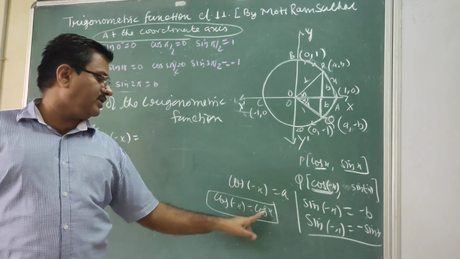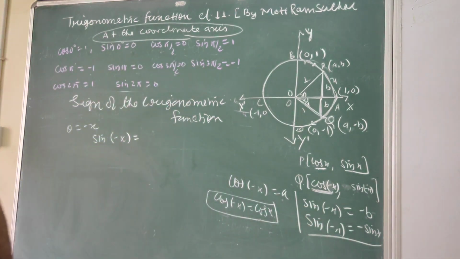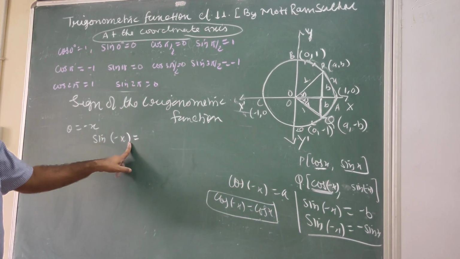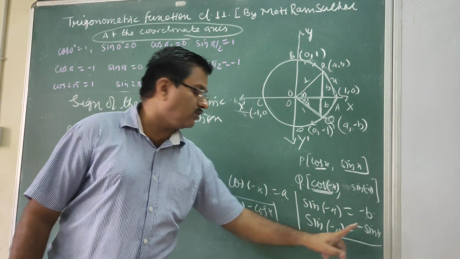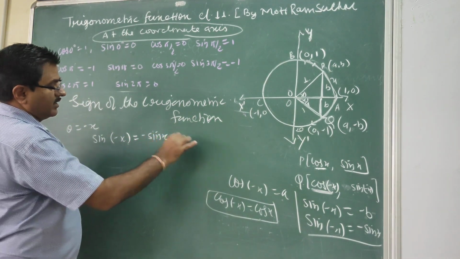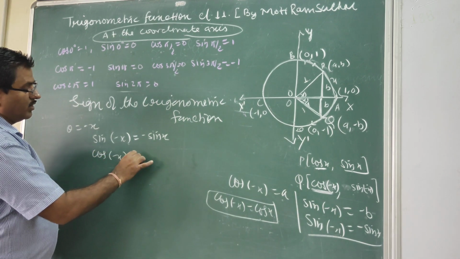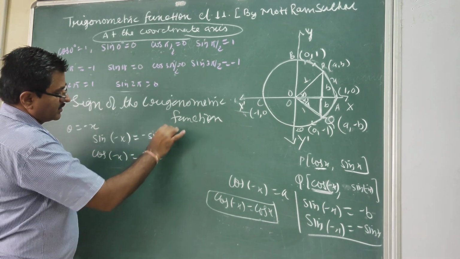Putting the value of A as cos x and B as sin x and simplifying, we get the very important result that always sin of minus x is equal to minus sin x, and cos of minus x equal to cos x.